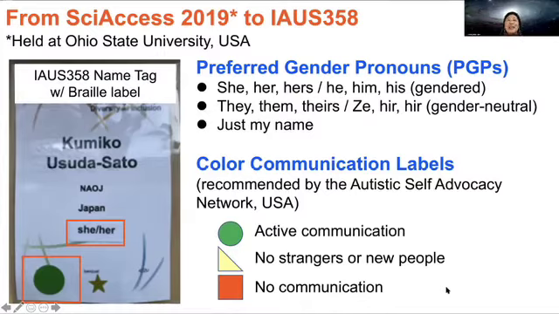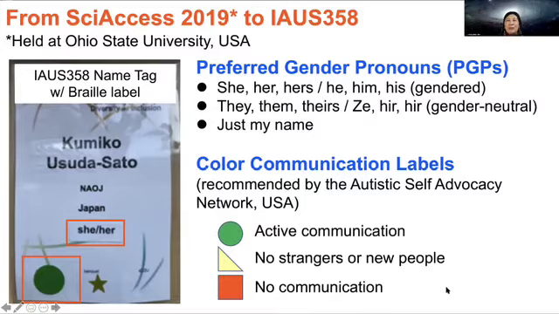When I attended the SciAccess conference for accessibility of science in 2019 at Ohio State University in the United States, I learned preferred gender pronouns, PGPs, and color communication. At our IAU symposium, we created posters about PGPs and color communication.